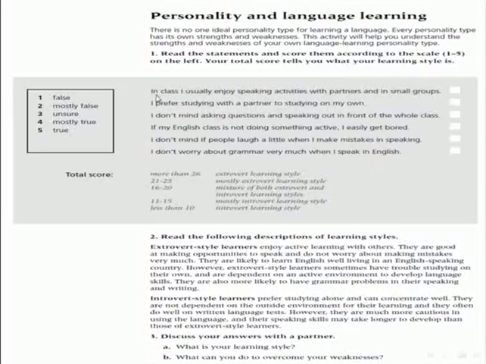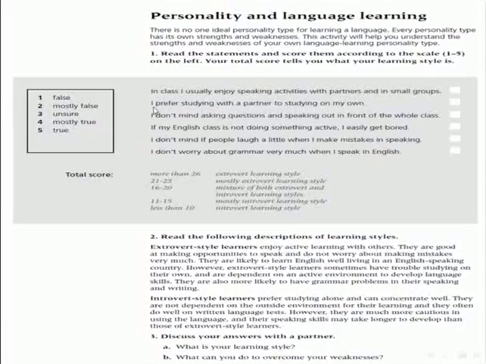Now, in class, I usually enjoy speaking activities with partners and in small groups. Here you write a number. 1, false, you don't enjoy speaking? Or 2, mostly false? Or 3, not sure, you don't know? Or 4, mostly true? Or number 5, true? You write a number.